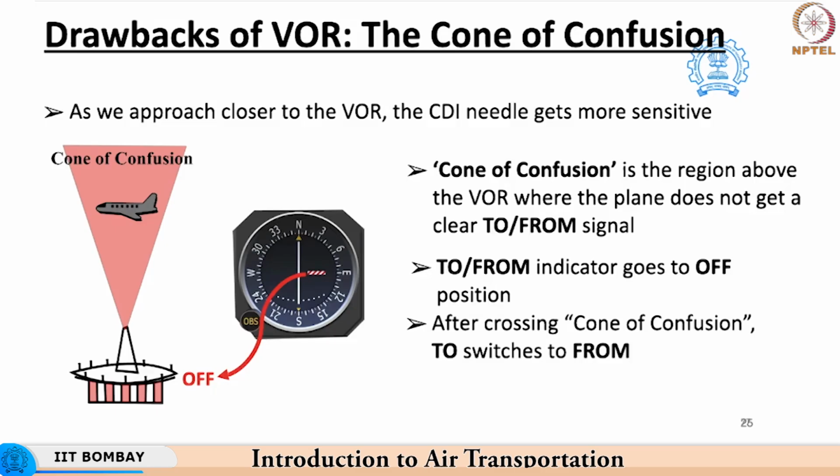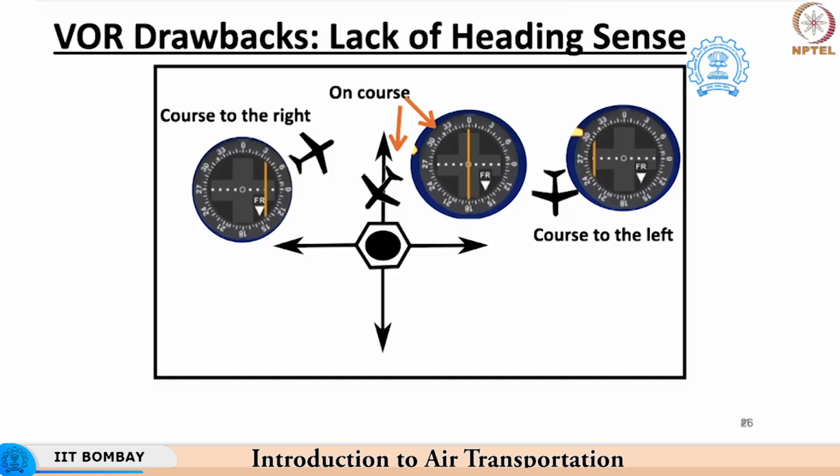The other drawback associated with VOR stations is that they lack heading sense. VOR operation is irrespective of what heading the aircraft is actually flying. For example, in this particular case, the aircraft is operating towards the right of the radio navigation.